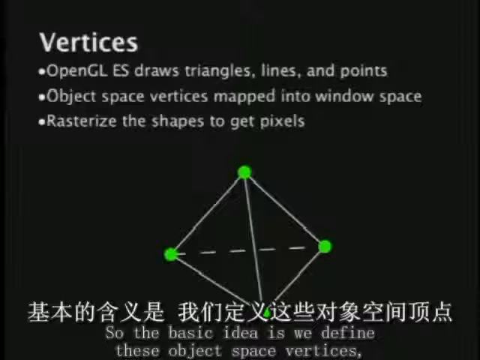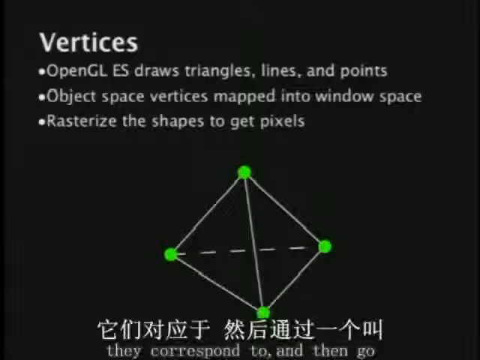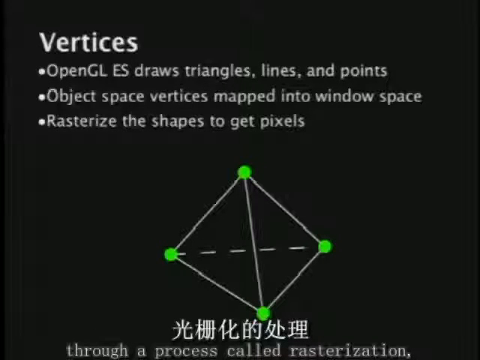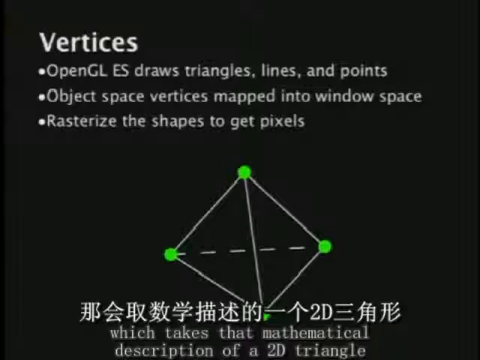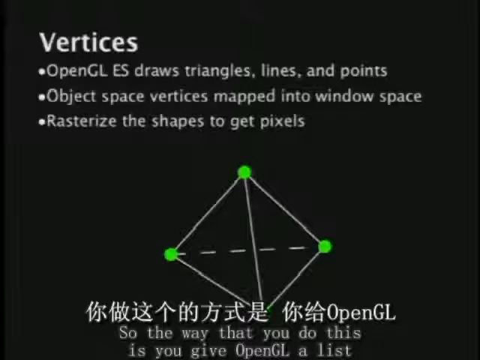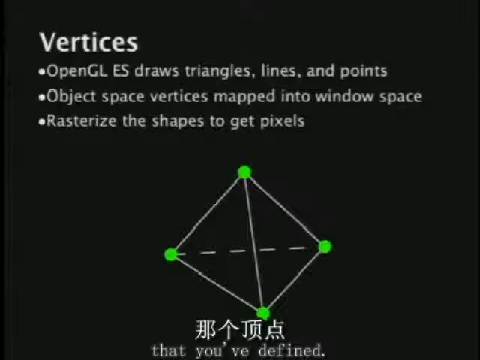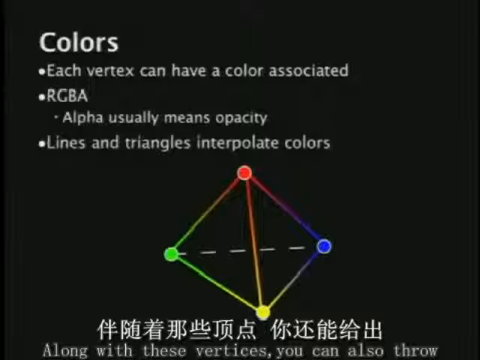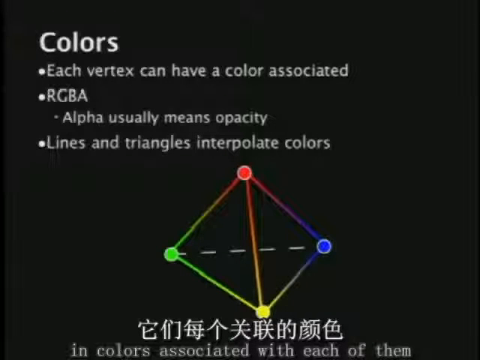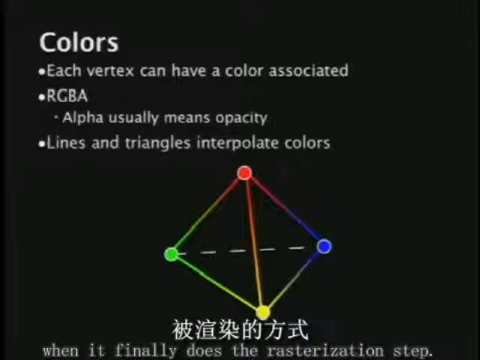So the basic idea is we define these object space vertices, send them off to the GPU, have it figure out what window coordinates those correspond to, and then go through a process called rasterization, which takes that mathematical description of a 2D triangle and turns it into pixels that should be turned on.